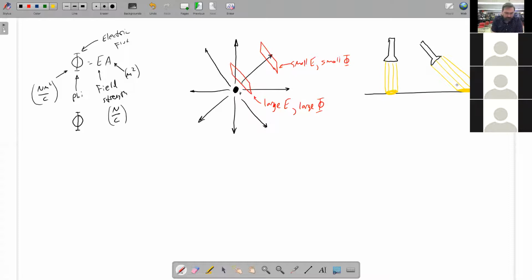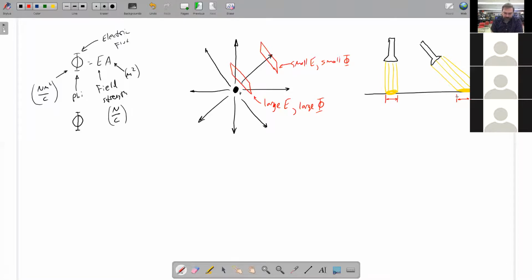If you pick that same surface area, represented by this red distance, it may only have 2 lines. So there's a smaller flux, or a smaller incidence of light per amount of surface area.